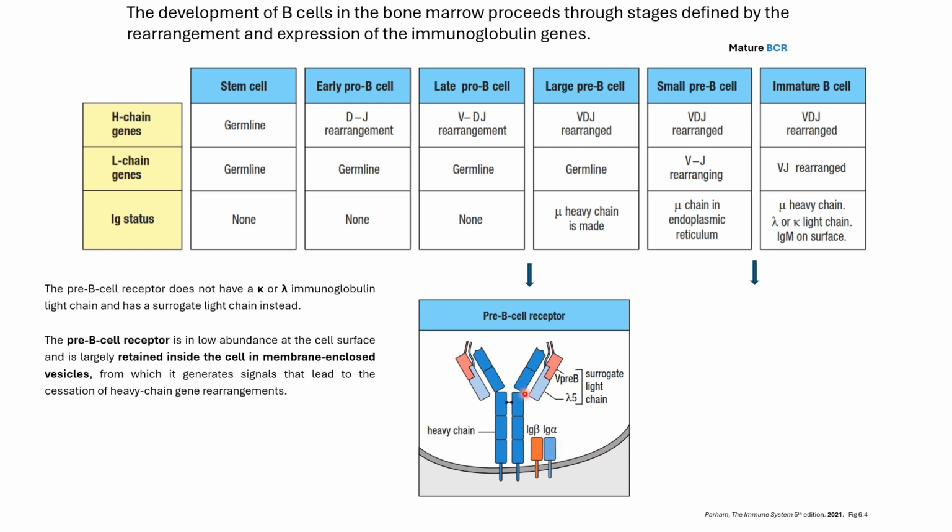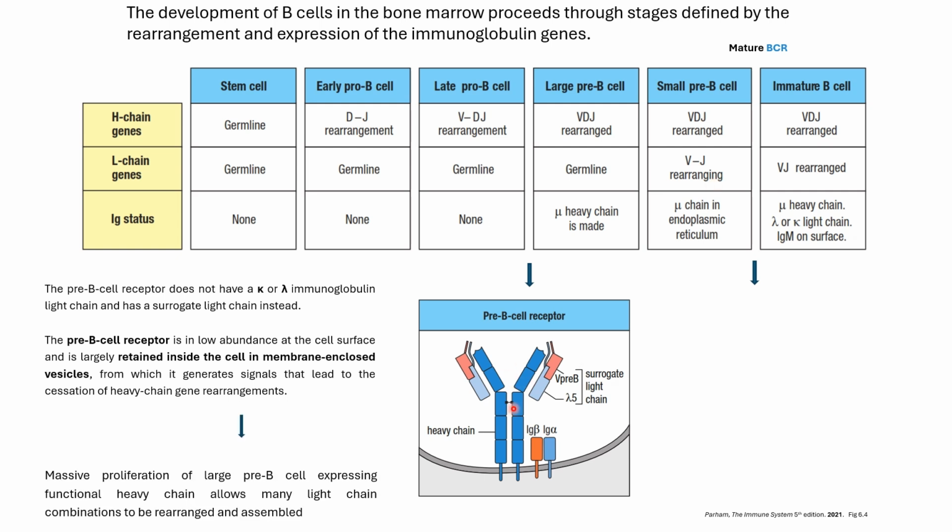If the heavy chain is able to interact properly with the co-receptor, embed itself into the membrane of the endoplasmic reticulum where the co-receptor is, and associate with these surrogate light chains, then that's a signal that everything is good, and this pre-B cell is now ready to work on the light chain. If it's failed, then there's no point to work on the light chain.